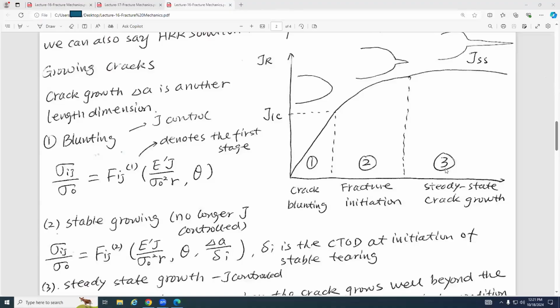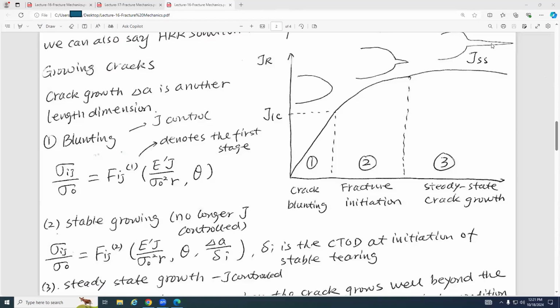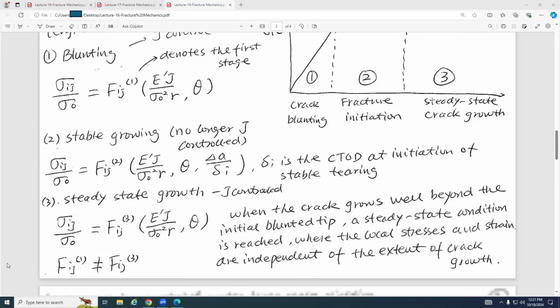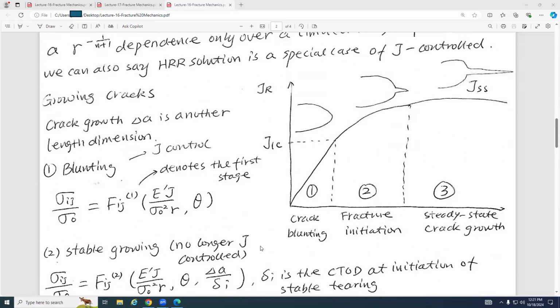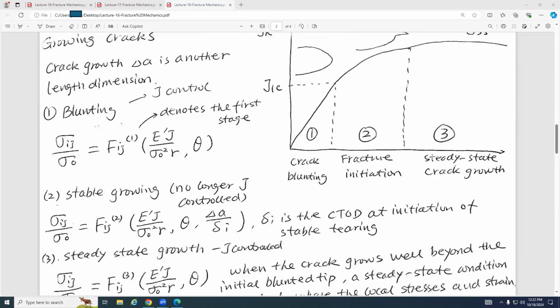The third stage is steady state growth. You can see this sharp crack growing, maybe until the whole specimen breaks. For this case we will have no J control, and we will only have two terms.